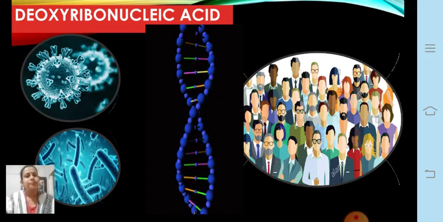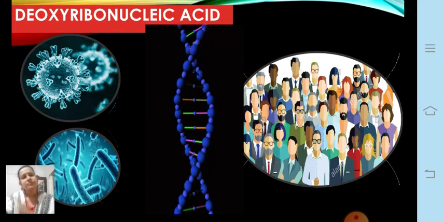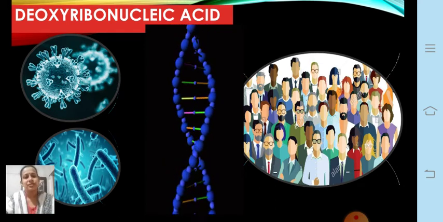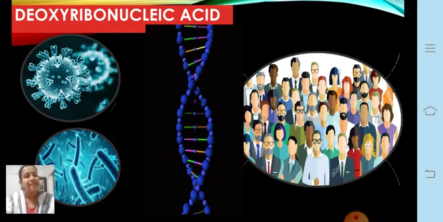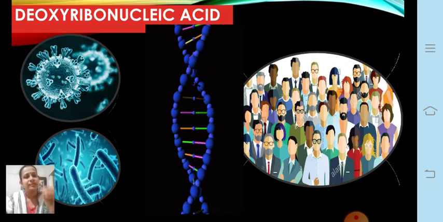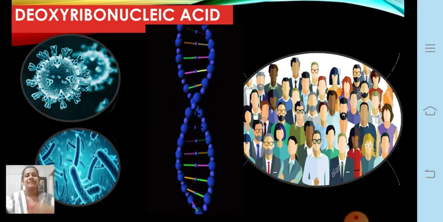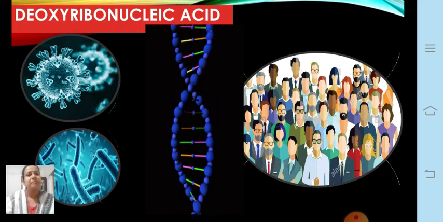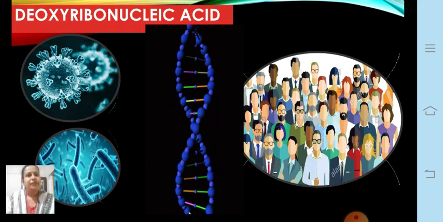So DNA is present in all living organisms, including viruses, which are actually not living organisms, but in them also it is present. Why? Because of DNA, cell division occurs and reproduction takes place, because that is the main function of the DNA.